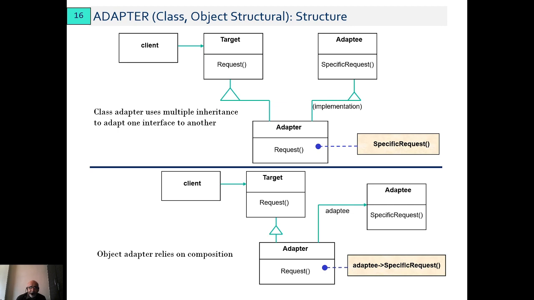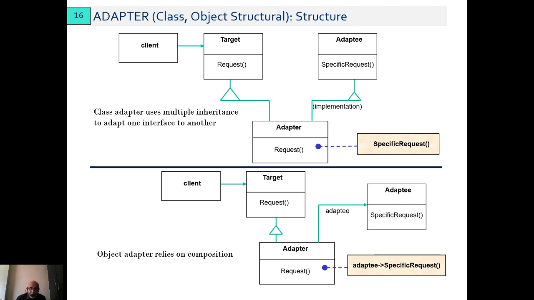You look at the generalization sign. It is heading towards the adaptee and towards the target, right? So the adapter here controls both adaptee and target. The client communicates with the target, not directly with the adaptee. Through the adapter, some of the properties are being inherited from the adaptees, isn't it?